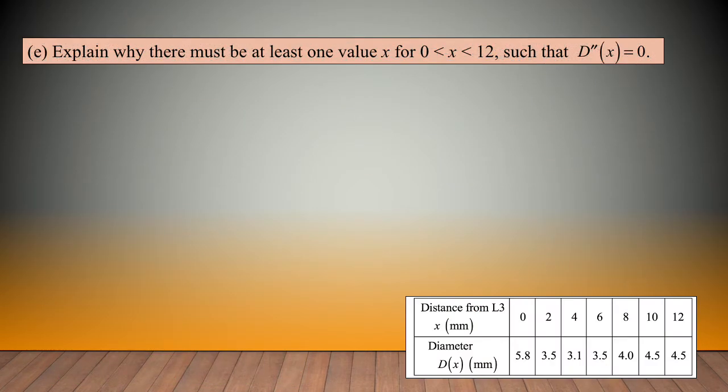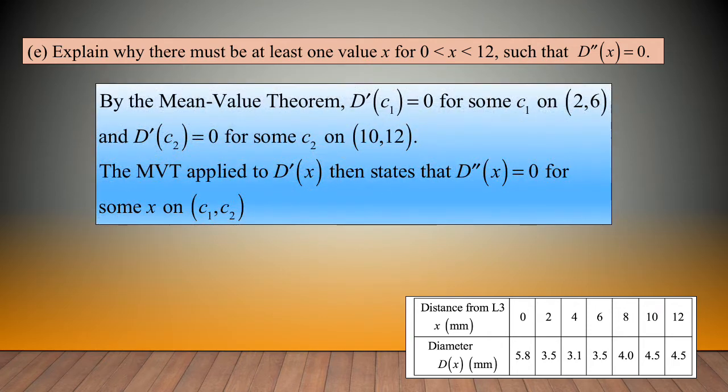E reads, explain why there must be at least one value x, where x is between 0 and 12, such that d double prime of x is equal to 0. This uses the mean value theorem twice. By the MVT, d prime of C1 has to equal 0 for some C1 on 2, 6.